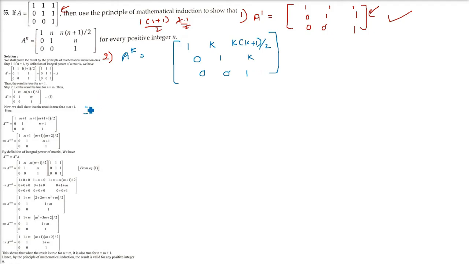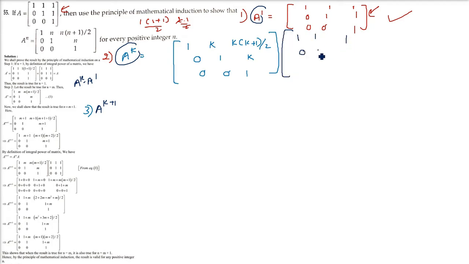Now the third step is that, assuming it is true for A raised k, it must be true for A raised k plus 1. If we are able to show it for A raised k plus 1, then it is true for every integer n. A raised k plus 1, how do we write? A raised k into A raised 1. So wherever you see k here, the answer should be k plus 1. Everywhere k plus 1 should come.